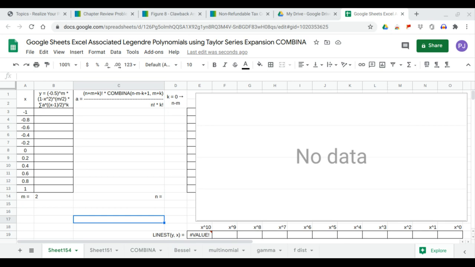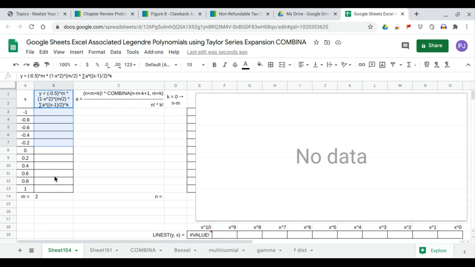In this video, we'll generate the associated Legendre polynomials using Google Sheets and Excel functions, COMBINA and SERIESSUM, in the Taylor series expansion.